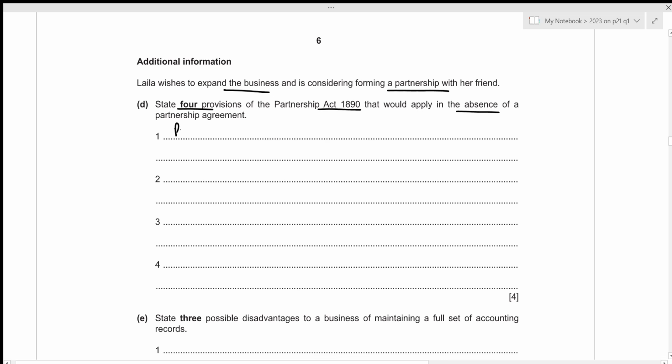The first one is that the profits and losses are shared equally. Then there will be no interest is charged on drawings.